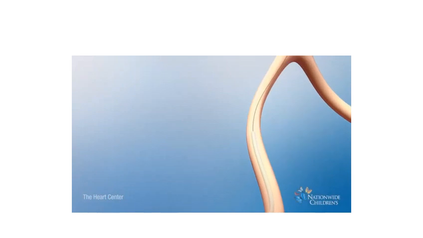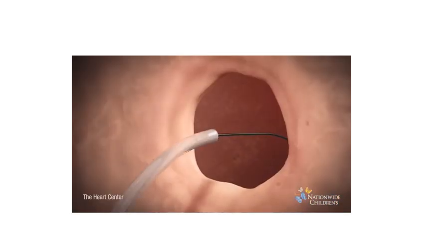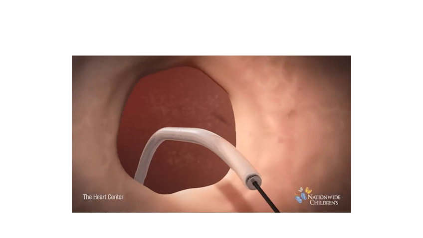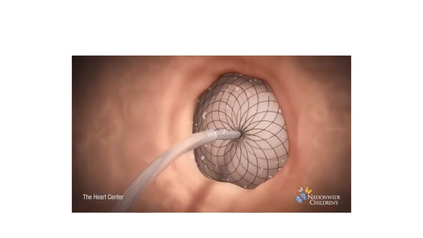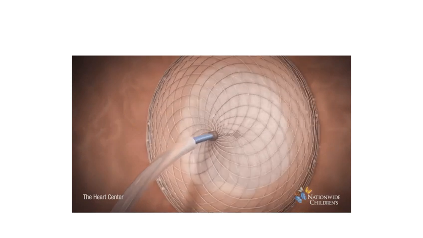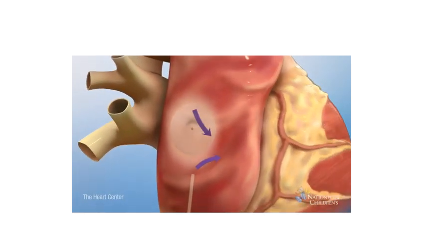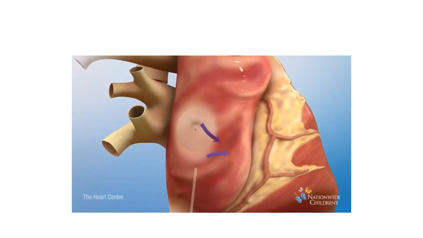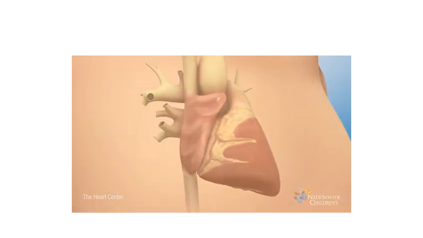From there, the catheter will be threaded through blood vessels to the child's heart. Next, the doctor will place a device called an atrial septal occluder across the defect to plug the hole. The device will stay in the heart and prevent blood from crossing between the upper chambers. Then, the catheter will be removed from the body.